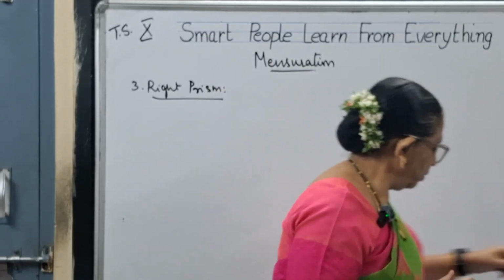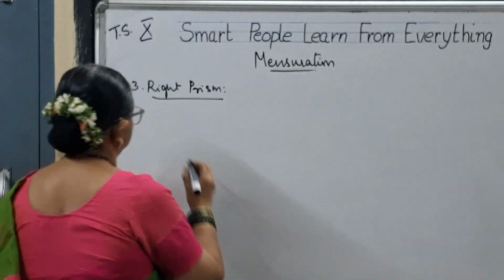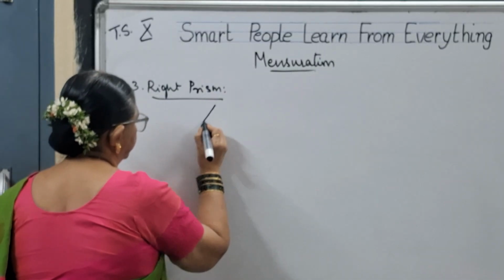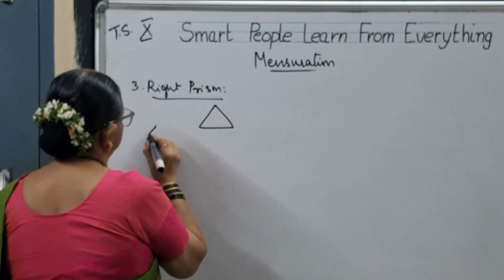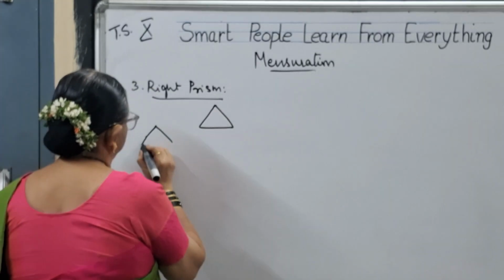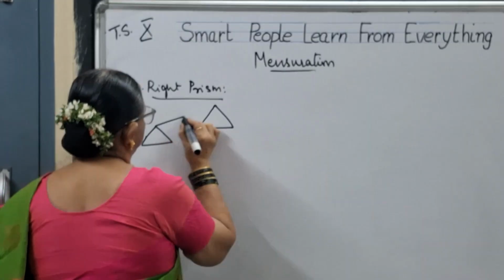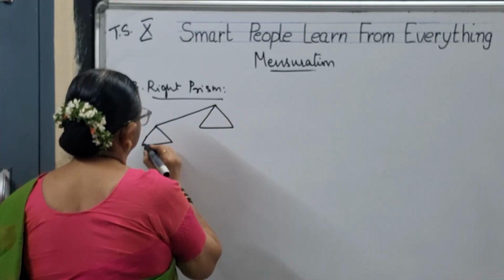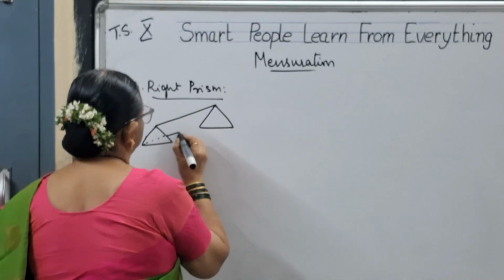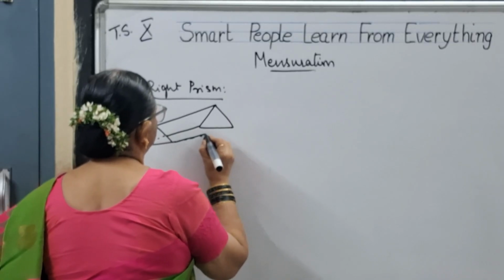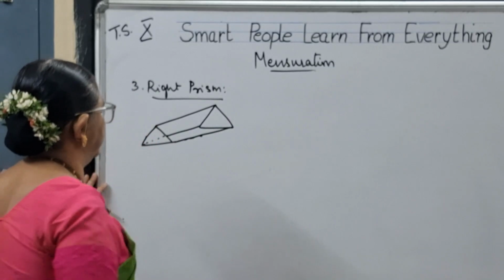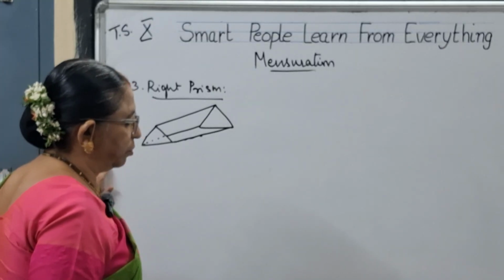So when you draw a prism, these are two triangles. It is like this, a triangular prism.